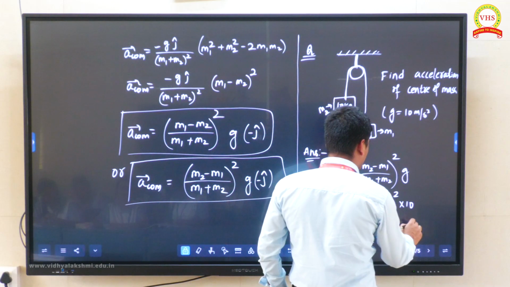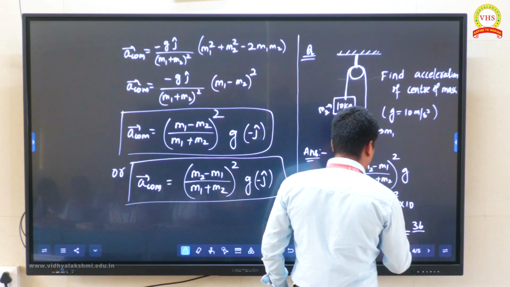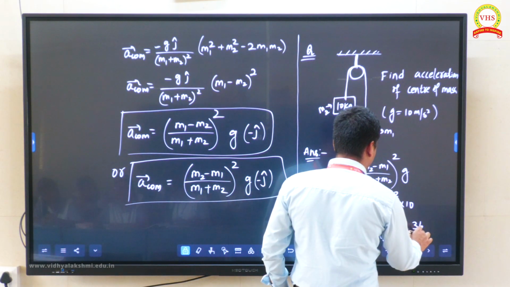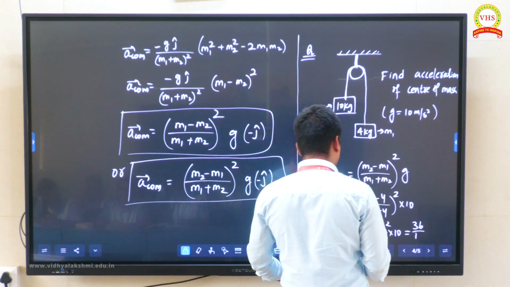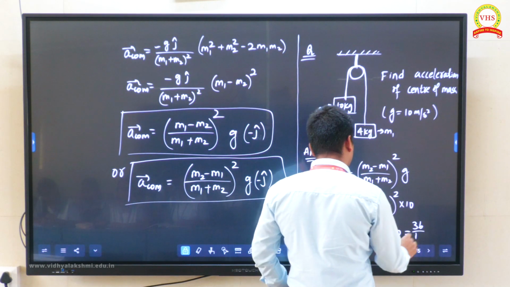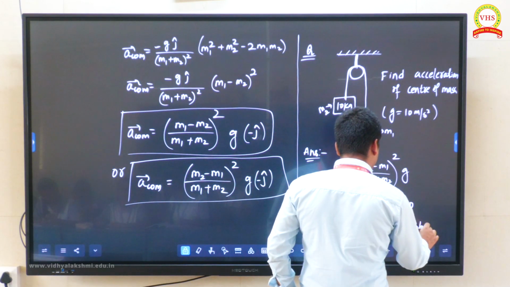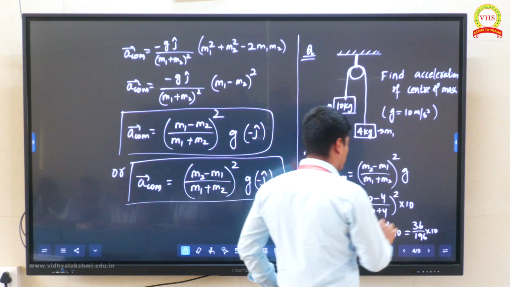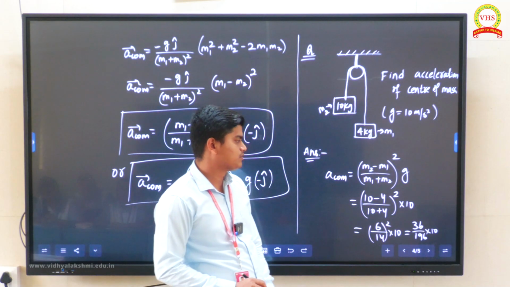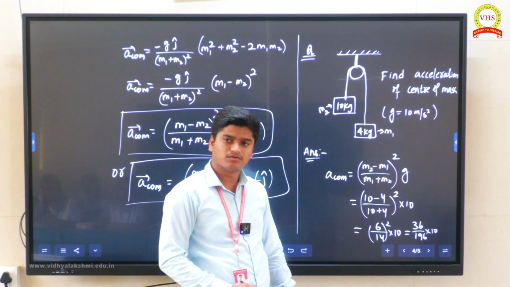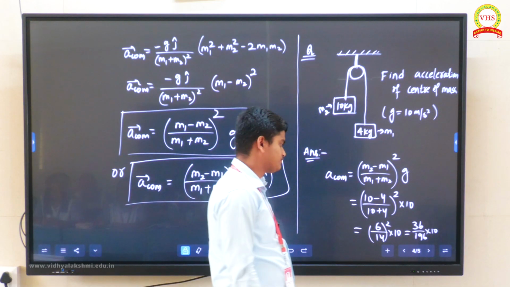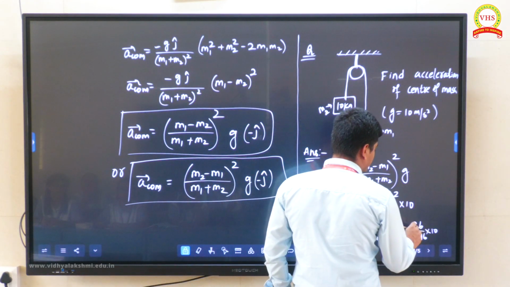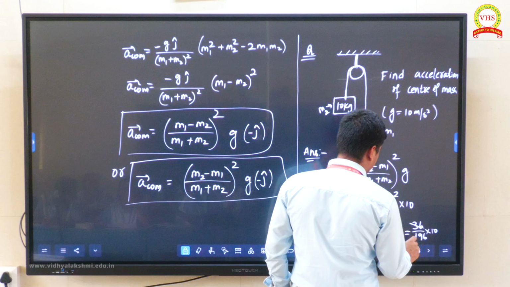Now calculate. 6 square is 36 and 14 square calculate. 196 into g. Now try to cancel something. 36, cancel.